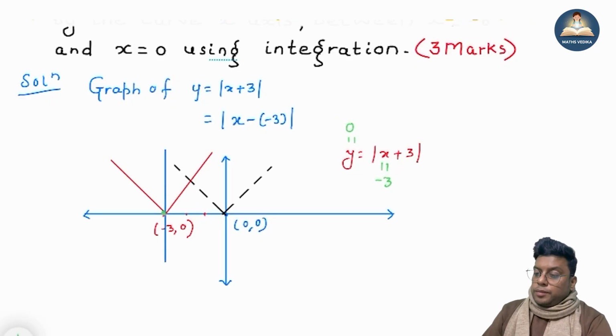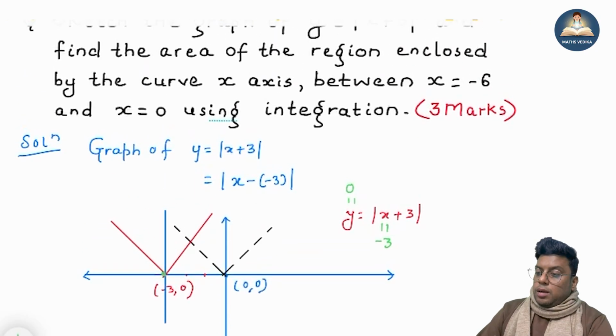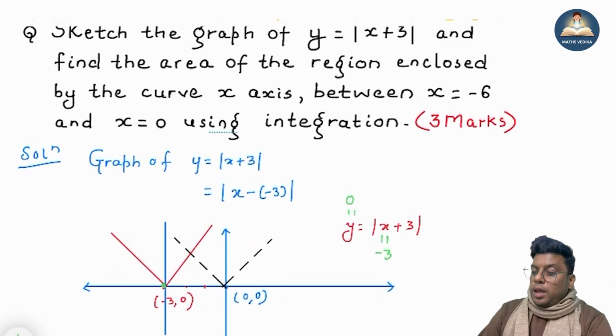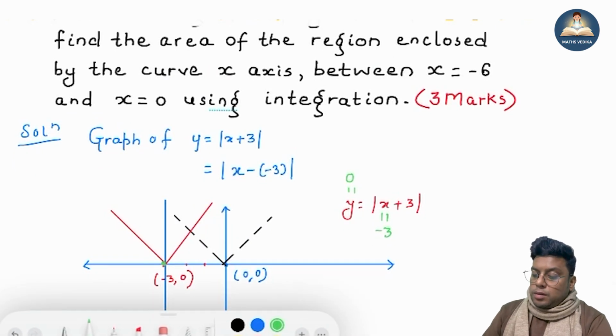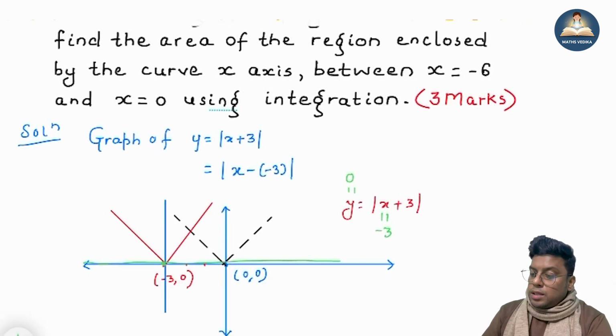Okay, now we have to find the area of this graph which is enclosed by the curve, x-axis, and between x = -6 and x = 0. So this is the x-axis.